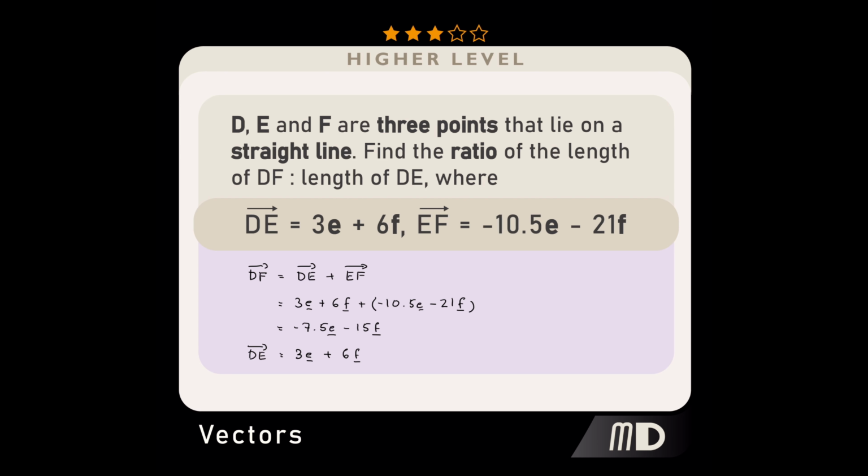Comparing the e components, the e component of DF is minus 7.5, and the e component of DE is 3. The ratio of the e components is therefore minus 7.5 divided by 3, which is equal to minus 2.5.